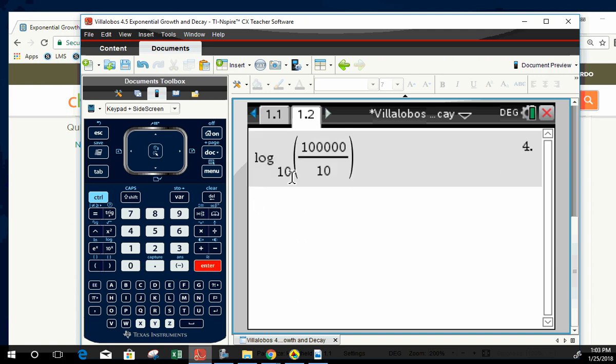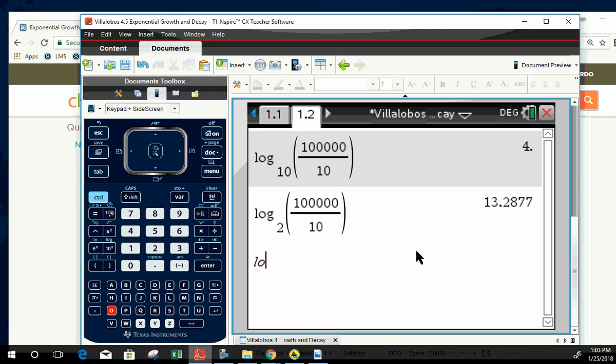And sure, it would take 4 days if the base was 10, but the base is not 10. The base is 2, so I need to copy this, enter it, and change the base to 2. So it would be 13.28 or 13.3.